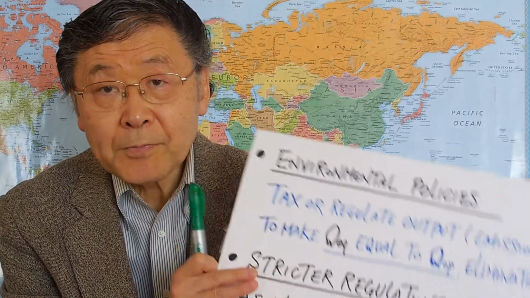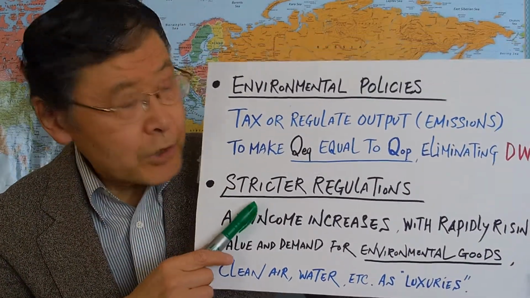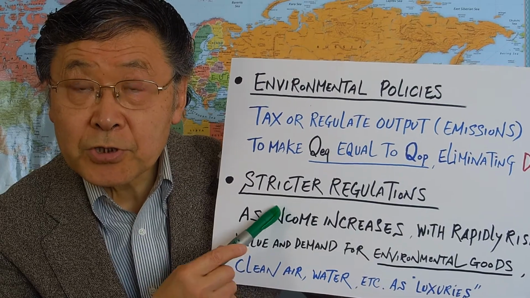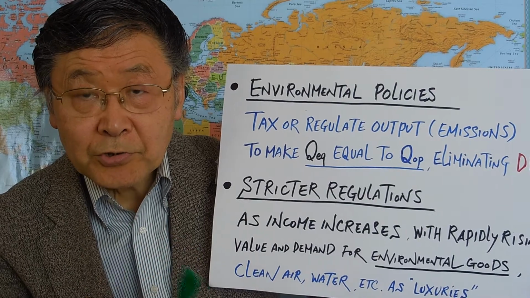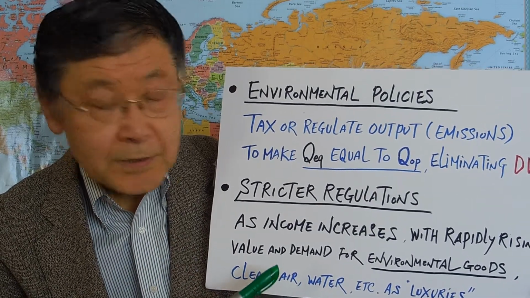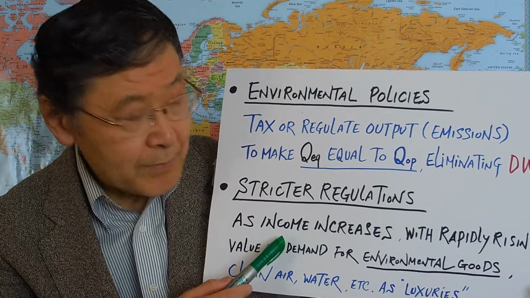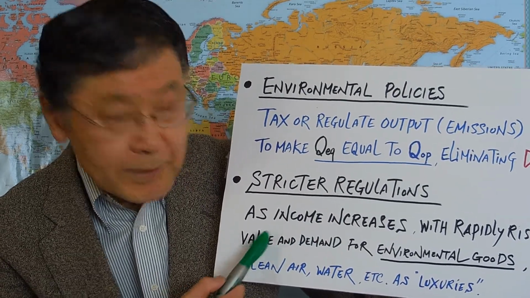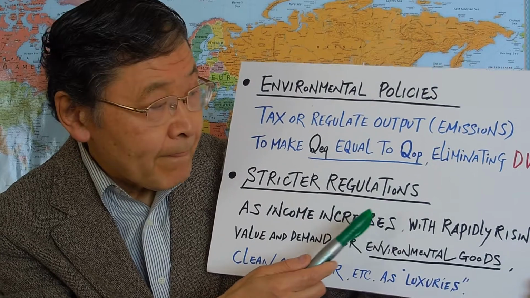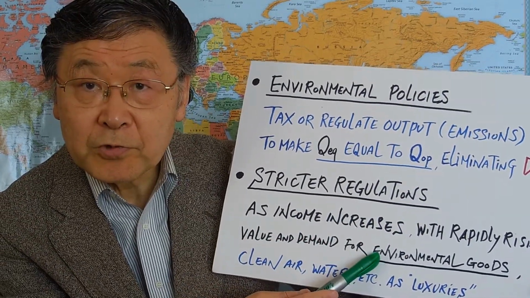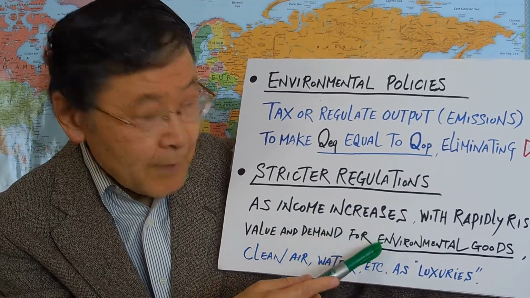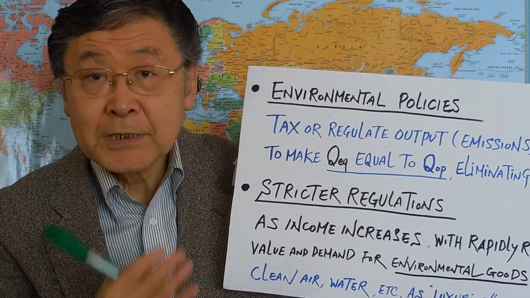If you put this in the context of economic development, you can say this: as the economy develops, there will be, and there should be, tighter regulations, higher taxes, or stricter regulation on the amount of pollutants or greenhouse gas emissions. Because as income rises, the value of and demand for environmental goods rise rapidly, because environmental goods are so-called luxuries.